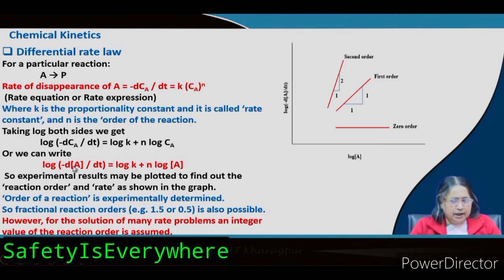Now, if by experiment you can determine the value of log of minus dA by dt, minus because it is the reactant, and log A at different concentrations of A, then if you plot log A on the x axis and log of minus dA by dt on the y axis, then depending on the order of the reaction, you will get these curves.